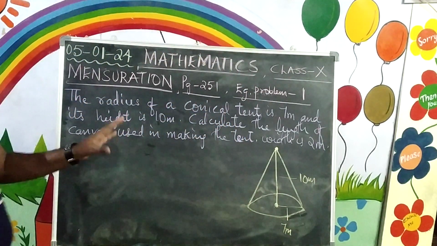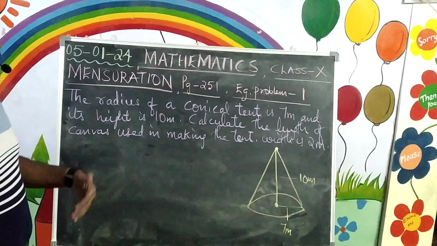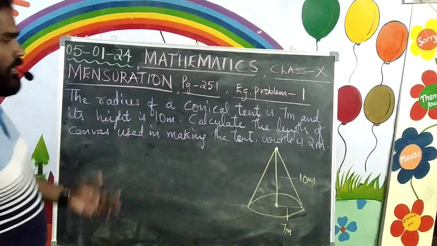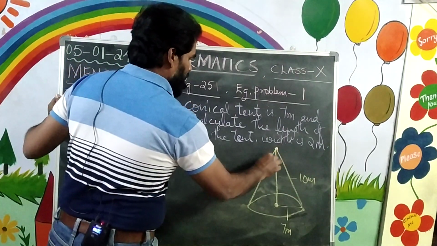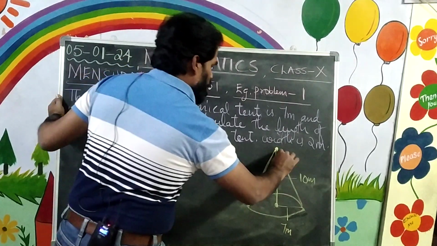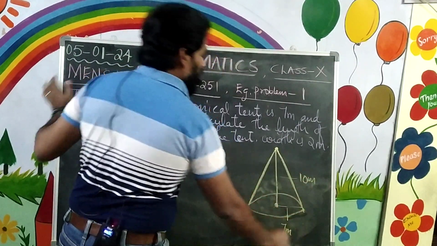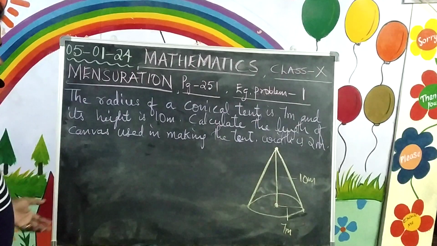So we have height, we also have radius. What we don't have is another height which is called the slant height. This line or this line are called slant heights.